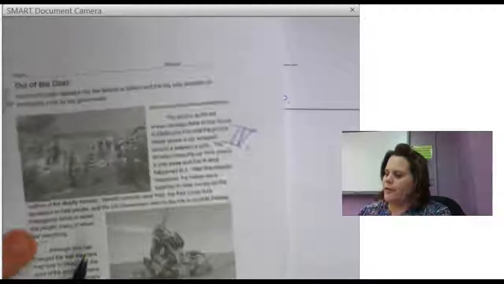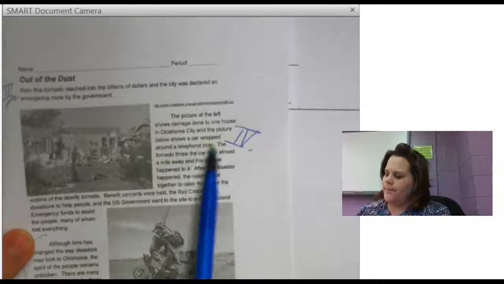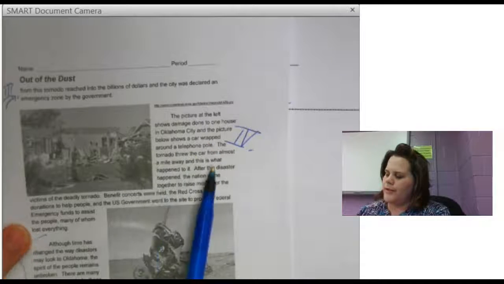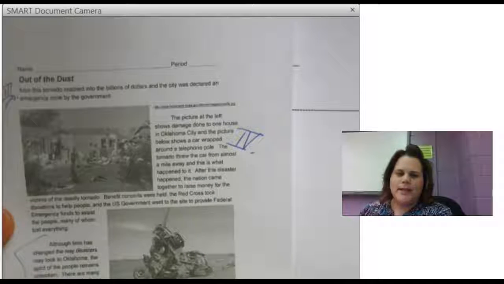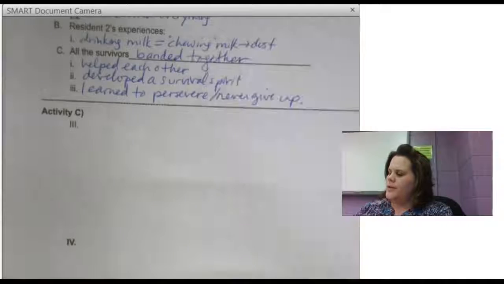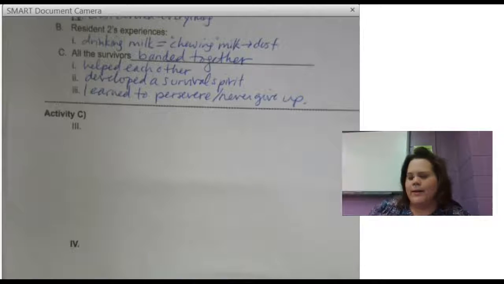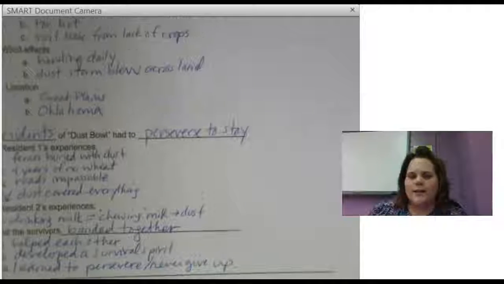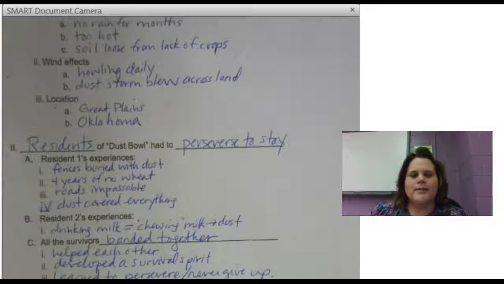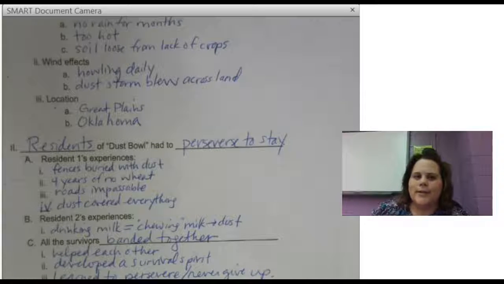And for paragraph 4, you're talking about damage, like some damage that was done. So you won't have as many details, but you should have them in the correct format and be able to explain it. And not everybody's will be exactly the same, but the big ideas should be the same. So come get this signed off on and then move on to activity C, which is outlining paragraphs 3 and 4 by yourself.